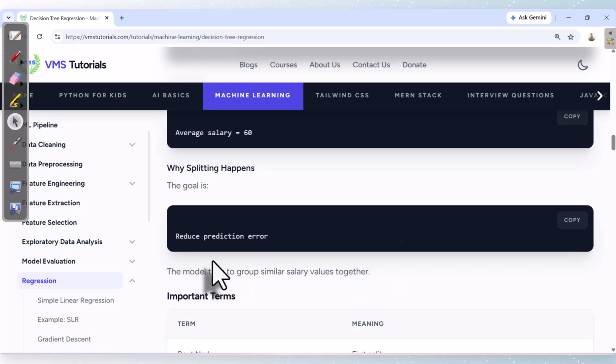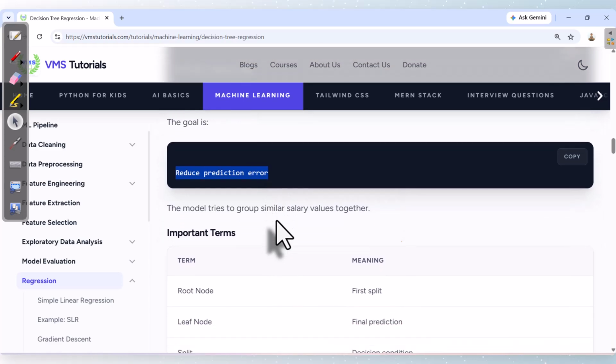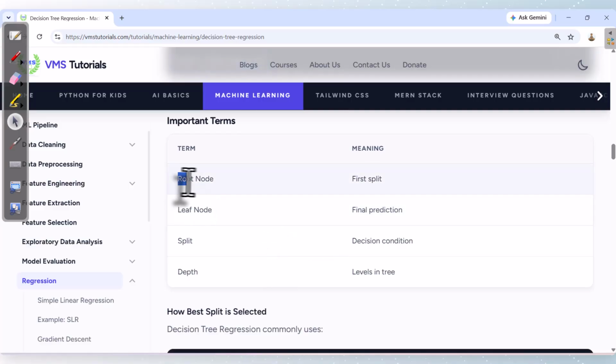Now a question may arise: the goal is that we need to reduce the prediction error. Some of the terminology in tree regression: root node. The first split, we can consider that as a root node.